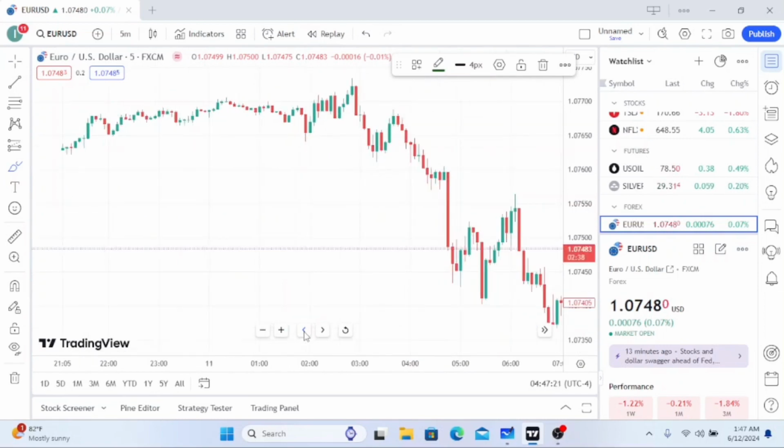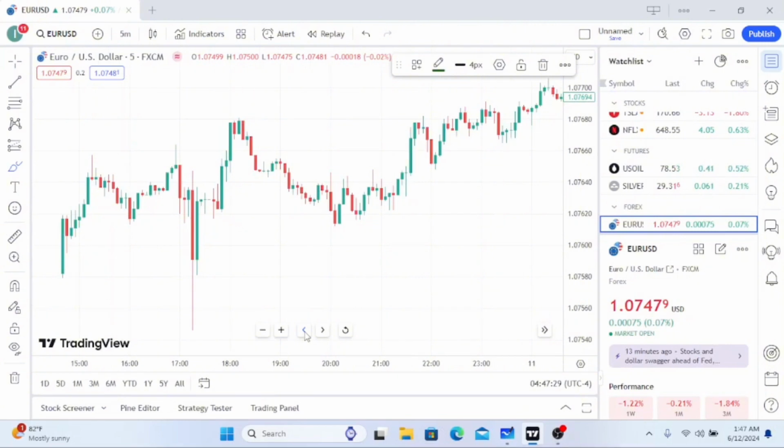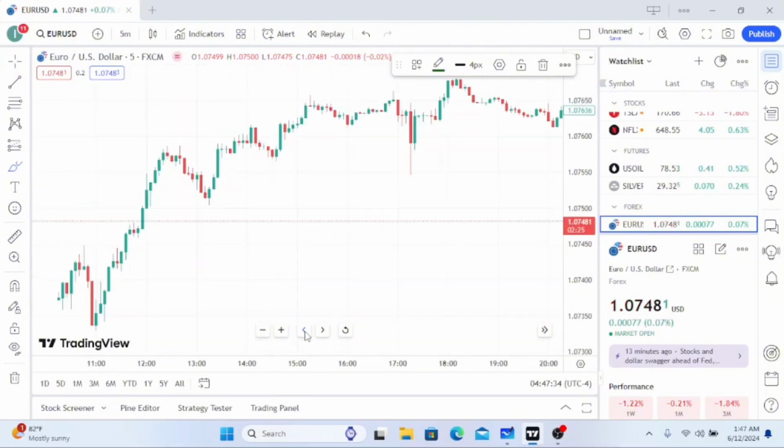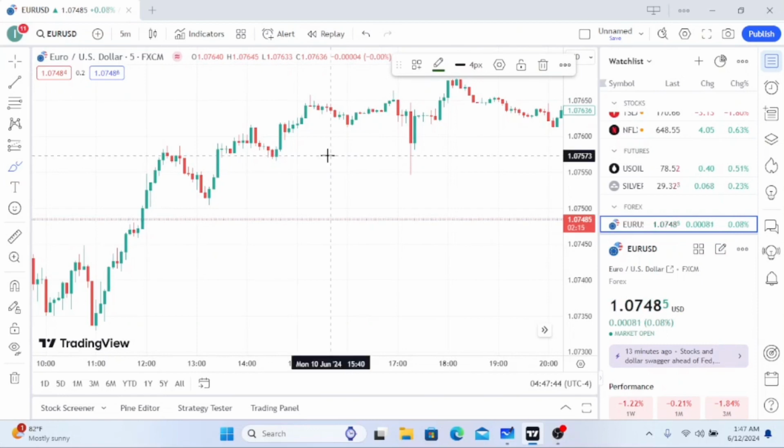Gotcha. Okay, I've seen one. Let me zoom up.